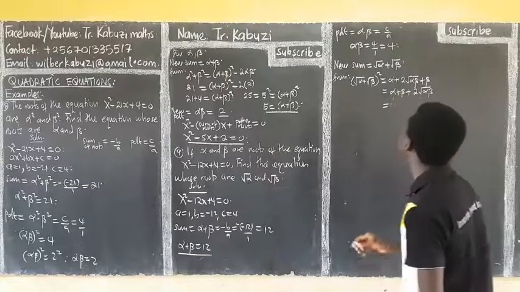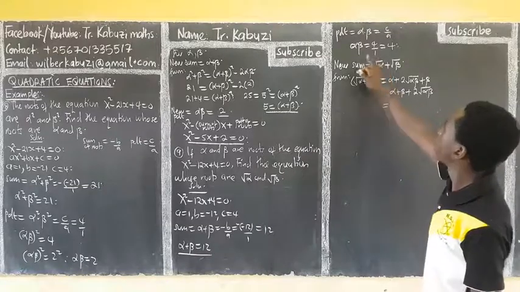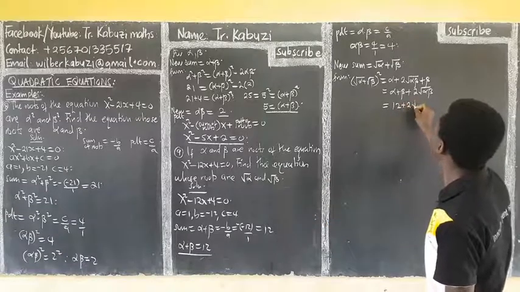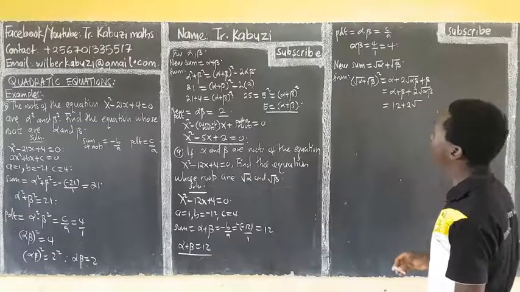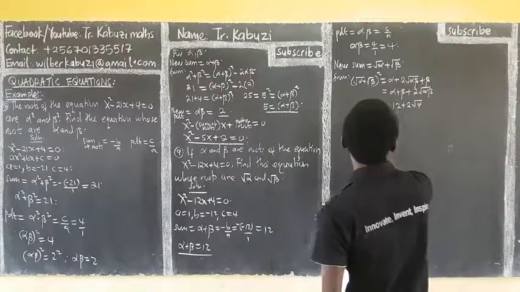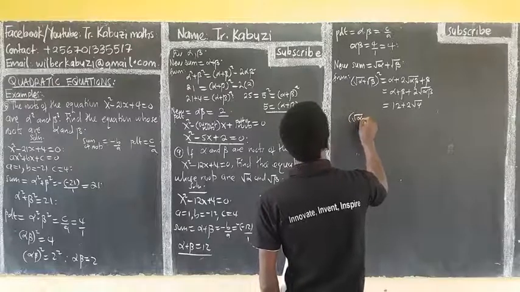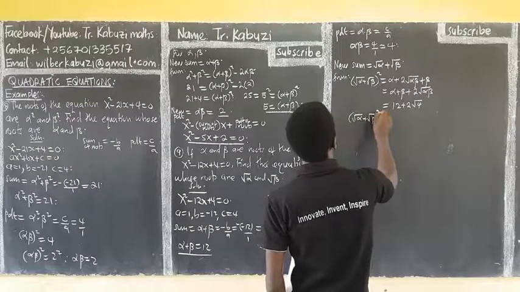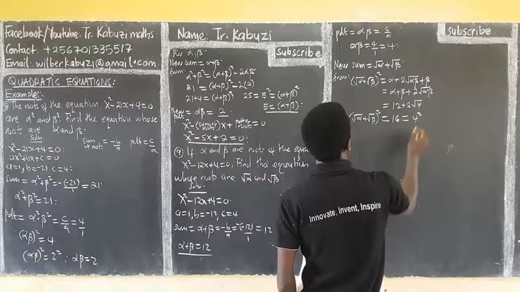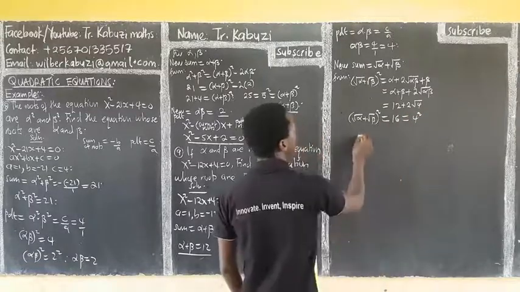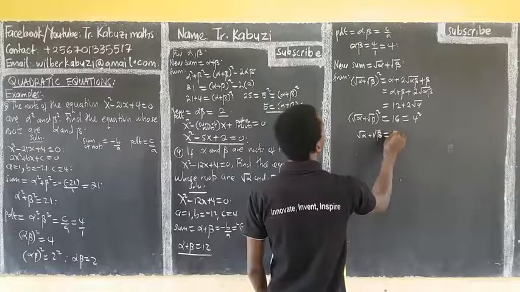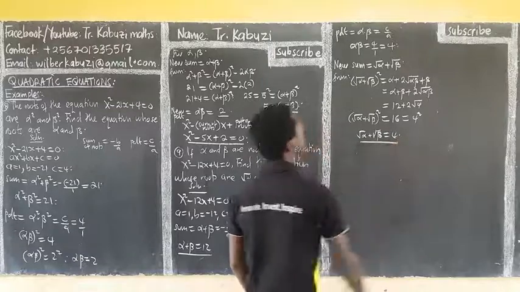Now, my alpha plus beta, in this equation, is 12, then plus 2 root alpha beta, where alpha beta is 4. And so the whole of root alpha plus root beta, the whole squared, is going to give us 16, which is 4 power 2. Same powers means that root alpha plus root beta is going to give me a 4. As simple as that.